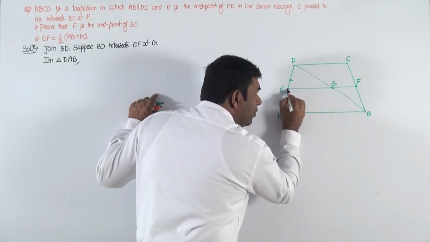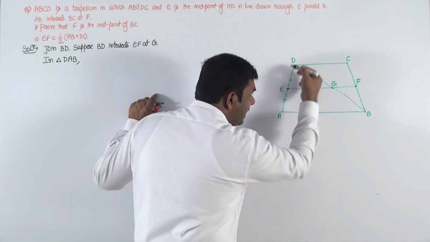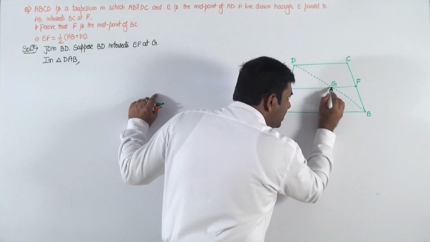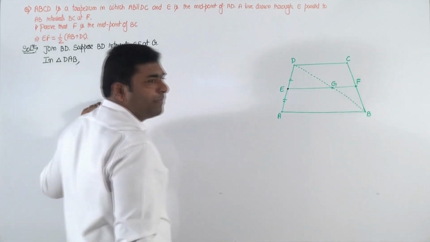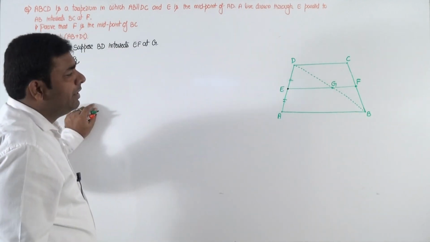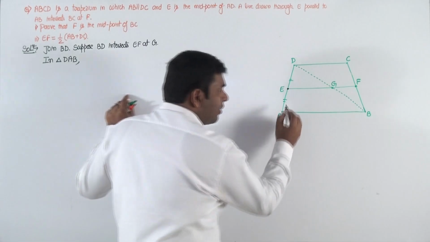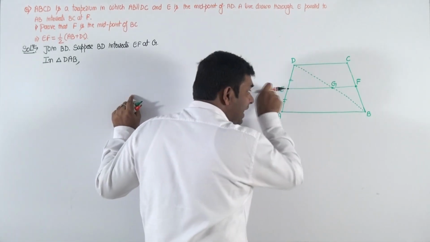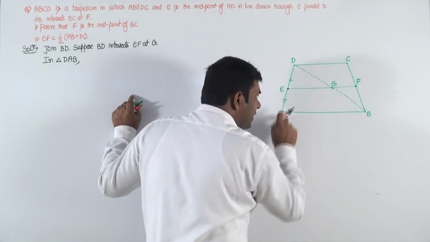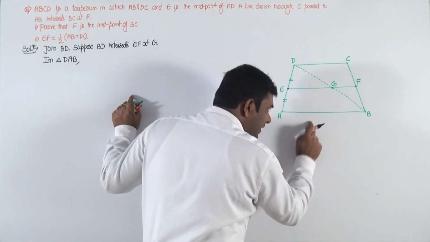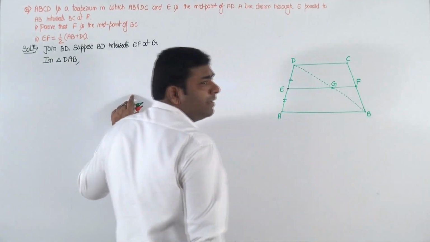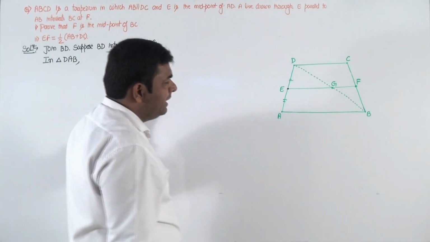E is the midpoint of DA, and EG is parallel to AB. Therefore, a line drawn through the midpoint of one side, parallel to the other side, bisects the third side को bisect करेगा, isn't it?